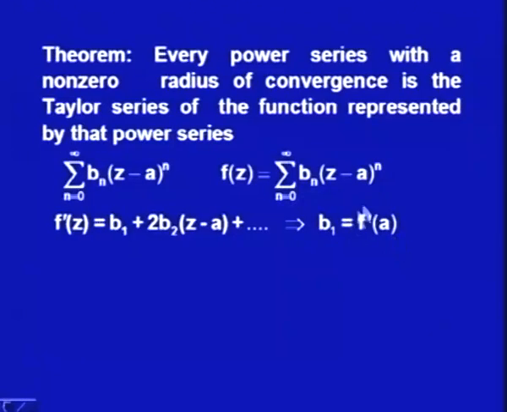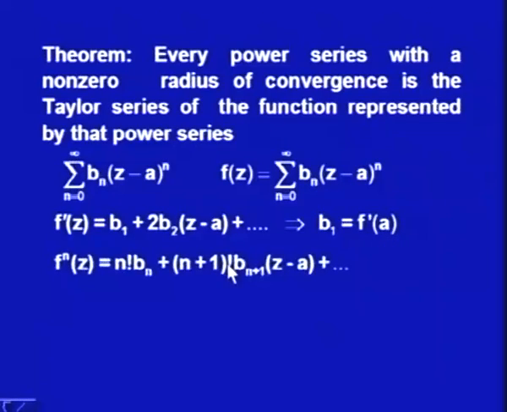So, if you differentiate this, we get b 1 is equal to f dash a, and the nth derivative of f(z) is equal to factorial n times b n plus factorial n plus 1 times b n plus 1 (z minus a) plus and so on. So, this is when we differentiate this series n times, and if you put z is equal to a, then all these terms will vanish and we will have b n is equal to f n (a) over factorial n.